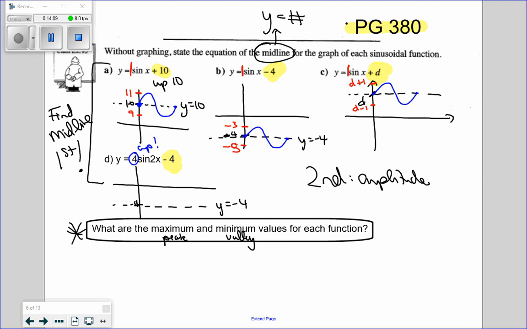From negative 4, you're going to go up 4, so to 0, and down 4 to negative 8. So when I draw my wave in, you go up to 0, down to negative 8, and then come back.